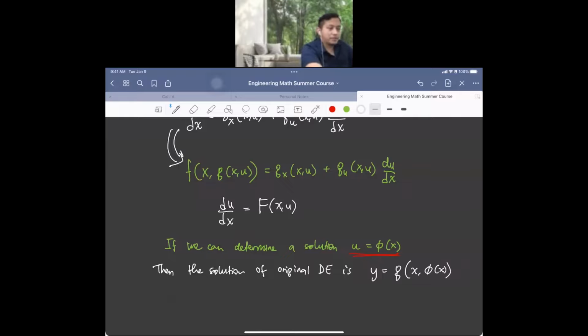It seems a little bit complicated, but it actually works similar to your substitution in calculus.